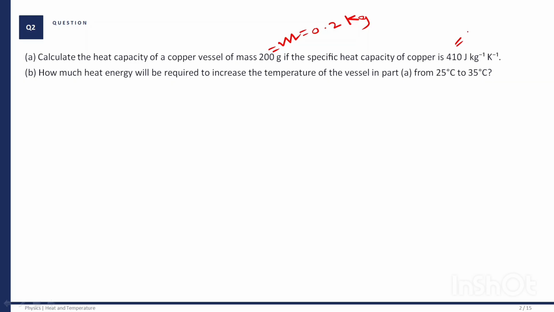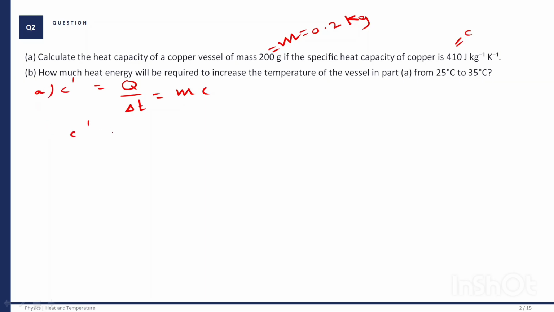This is the specific heat capacity. Now the thermal capacity needs to be found. Thermal capacity is represented by C dash equal to Q by delta T. This is one formula, and it can also be written as MC, where M is the mass of the substance, C is the specific heat capacity. Then we find part A, the heat capacity.